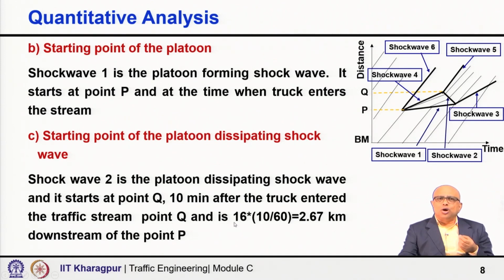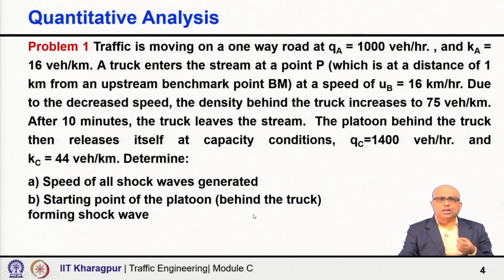Now, how many kilometers downstream of point P is point Q? The truck speed is 16 kilometer per hour, that is what is given. You can see here the truck enters at a speed of uB, 16 kilometer per hour, and leaves after 10 minutes.